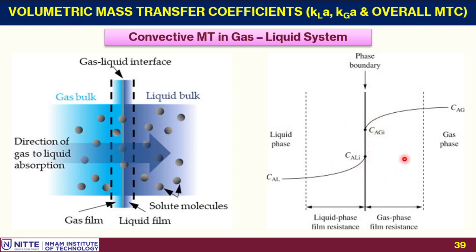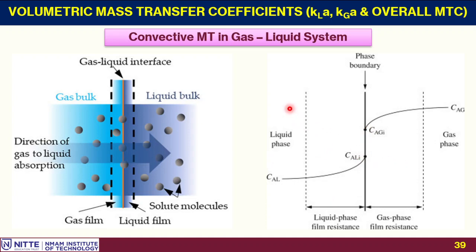One more thing that is governing here is the solubility of molecule A in the gas phase and liquid phase. If the solubility of molecule A is very high in gas, this interface value will be very high compared to liquid. If the mass transfer takes place from gas to liquid, the gas side concentration profile will be higher than the liquid side.